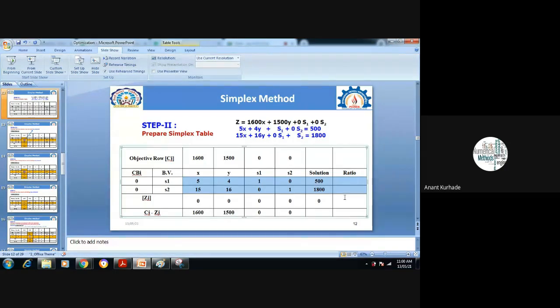Now, most important thing, firstly, once you do this part, then you can find the key column. How to find key column? This is important. So now, see this. For finding the key column, we have to focus on the values of Cj minus Zj, the last row. We have to focus on these 4 values: 1600, 1500, 0, 0. Now, most important part, again, we have to check the objective function.